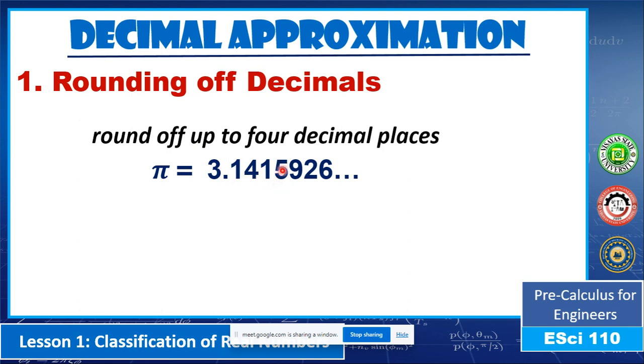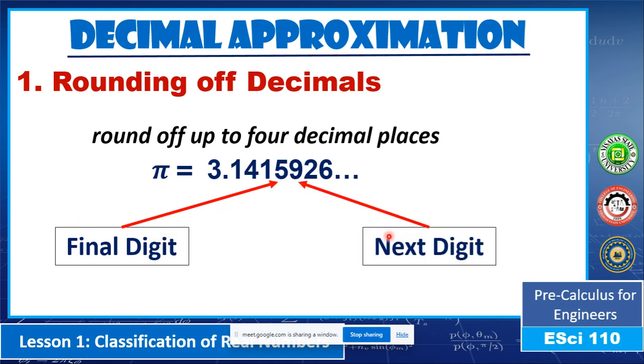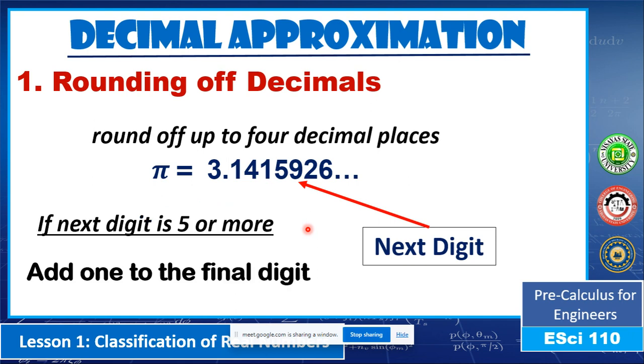So hanggang 5 lang. In rounding off, we note the fourth digit as the final digit, and then we look at its next digit. So that's how you round off. It's just a review of your elementary days. We have a condition. If the next digit is 5 or more, we add to the final digit.